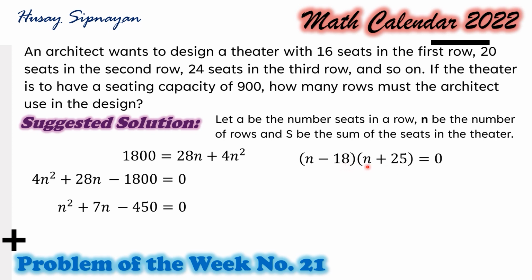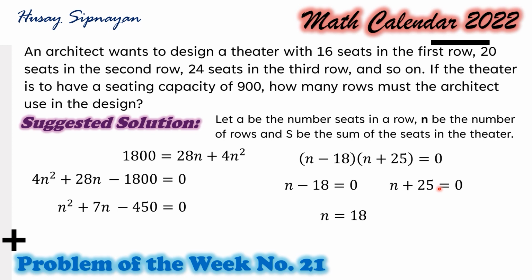Next, we're going to equate each factor to 0 and get the value of n. So we have n minus 18 equals 0 for the first factor, n plus 25 equals 0 for the second factor, and this is using the zero product property of multiplication. From n minus 18 equals 0, we can have n is equal to 18, that is adding 18 to both sides of the equation. On the second equation, we have n plus 25 equals 0.